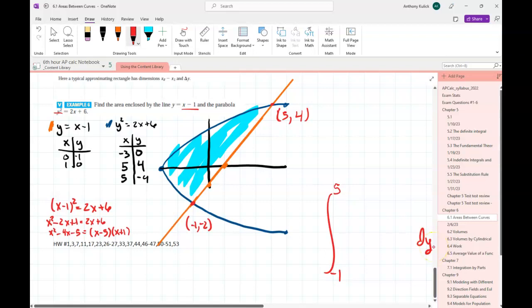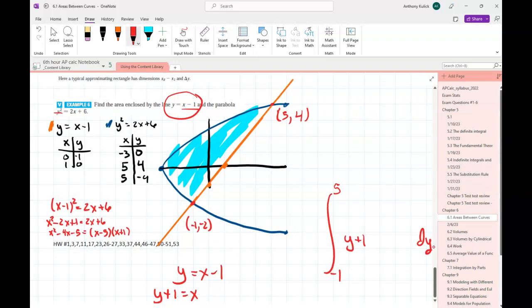So my function on the left is going to be this one. But what do I have to do to that? I have to rewrite it so that it's in terms of y. And similarly here, that's my function on the left. I have to rewrite that so it's in terms of y. So I'll subtract 6 and then divide by 2.